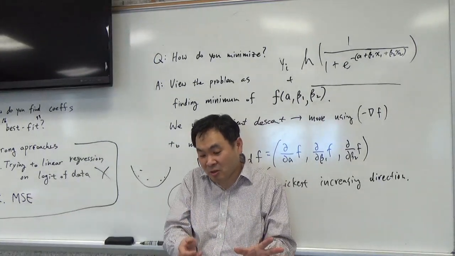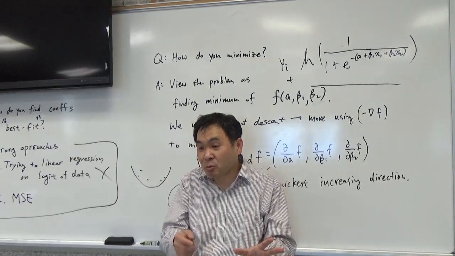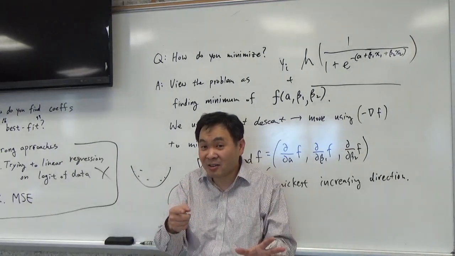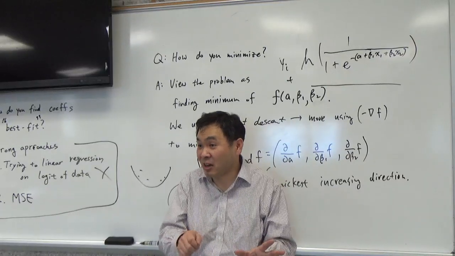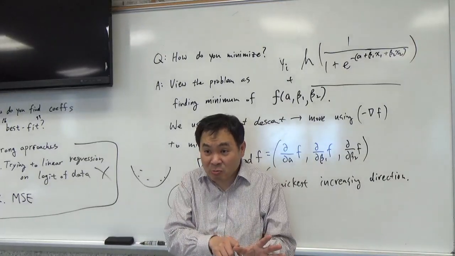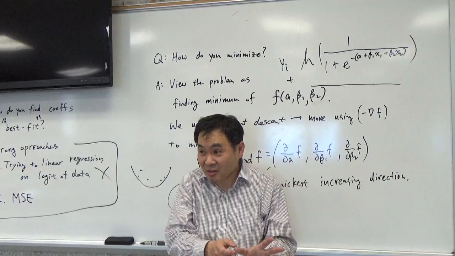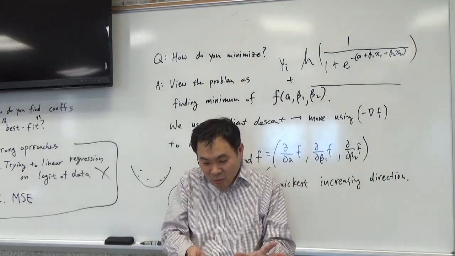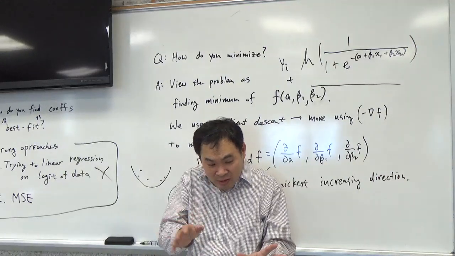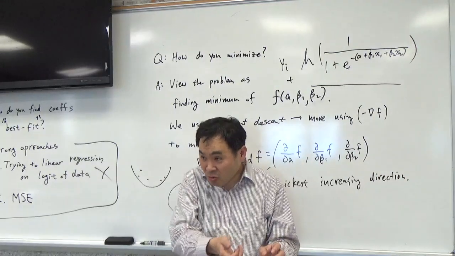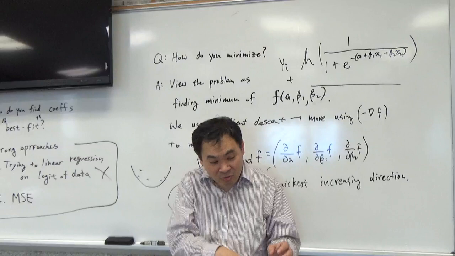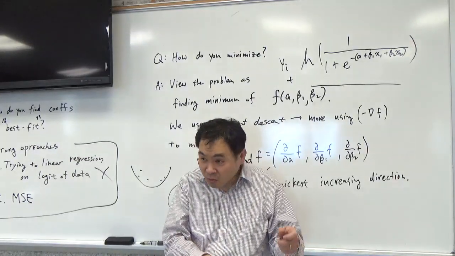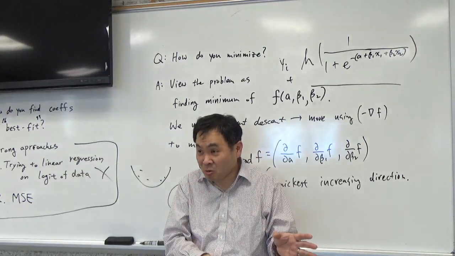If you rotate the dial slightly, and if the rate of change is big, that's the one that you really have to change a lot. If the rate of change is small, you don't change that a lot. And then you fix the other ones, rotate slightly, measure the rate of change. Now fix the middle one, rotate slightly, figure out the rate of change. Fix the other 2, rotate slightly, figure out the rate of change.